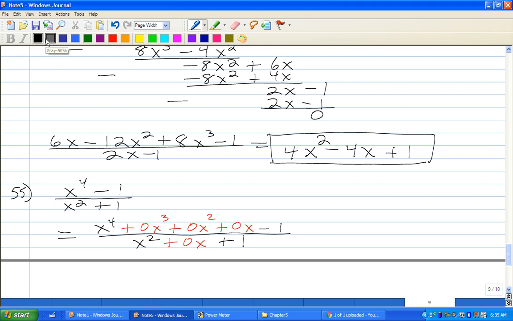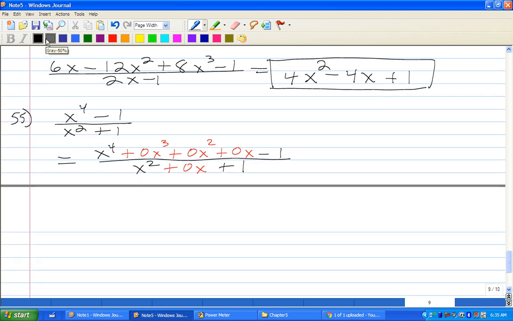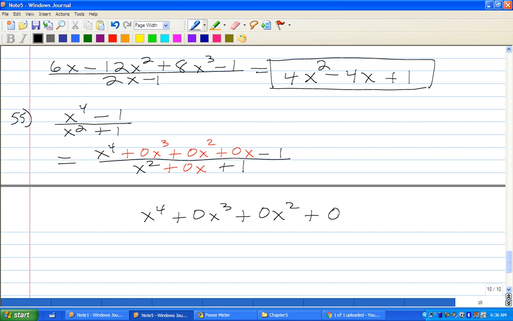And so let's divide x to the fourth plus 0x cubed plus 0x squared plus 0x minus 1 divided by x squared plus 0x plus 1. x to the fourth divided by x squared is x squared.